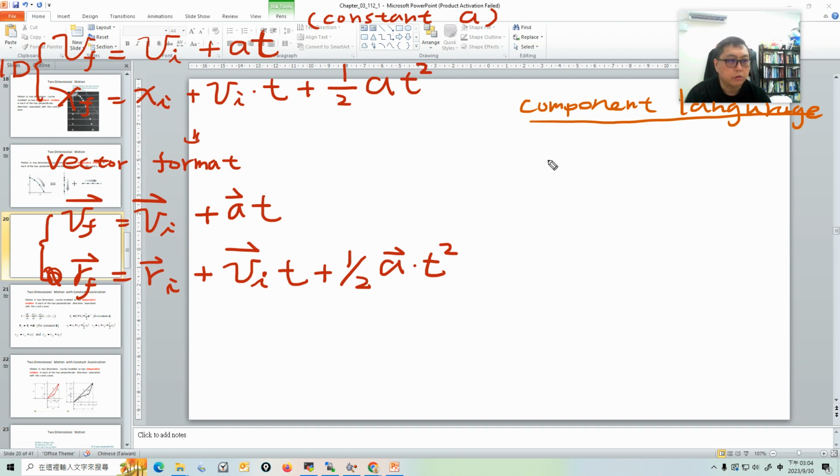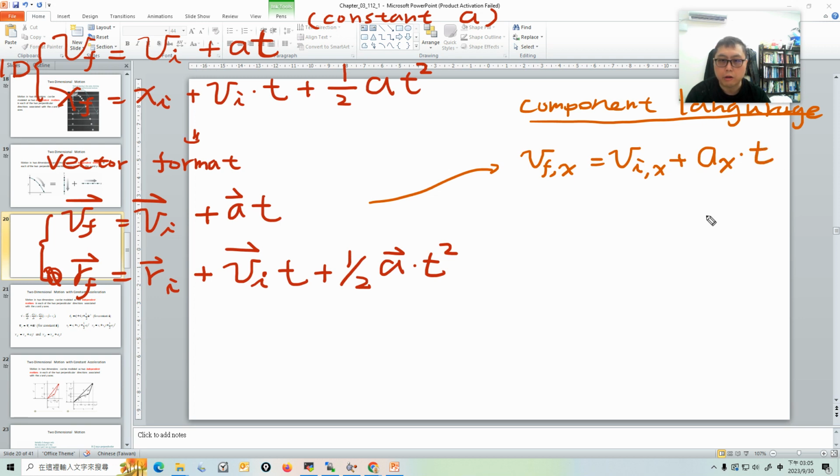For the velocity, it will look like this. You treat the components independently. For the final x component, it equals the initial velocity x component plus the acceleration x component times t.